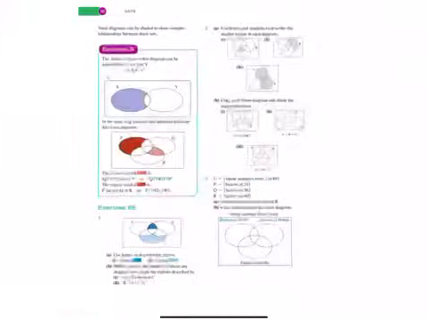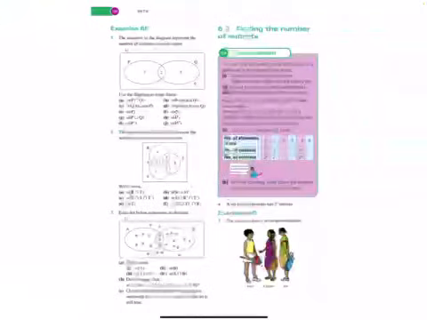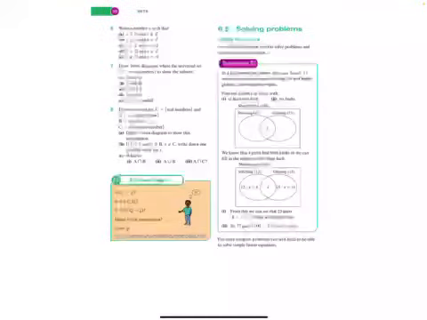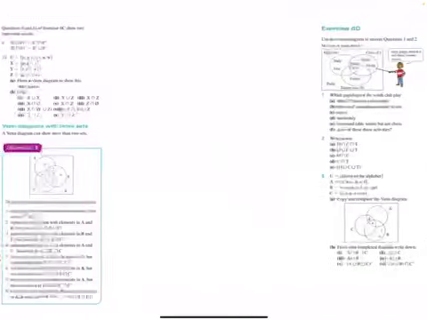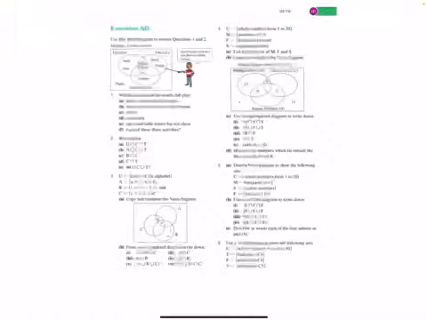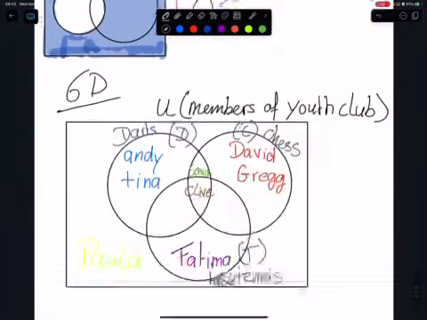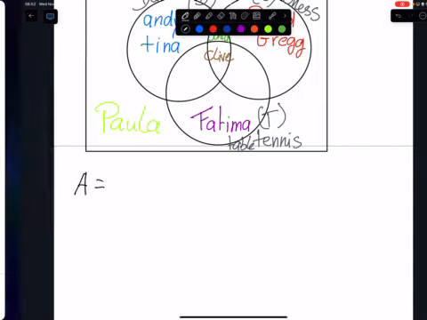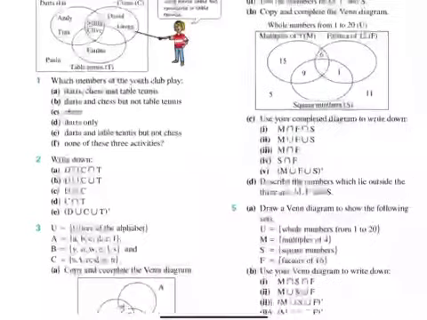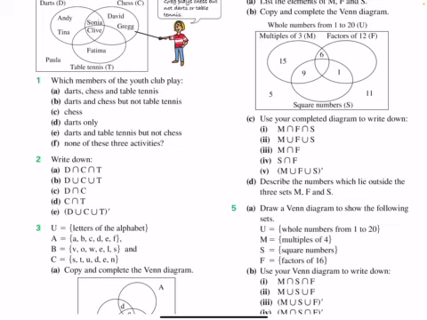As soon as we're finished with this, we can go into the actual exercises and we are done with 6. It's extremely easy. The first question states, which members of the youth club play darts, chess, and table tennis?